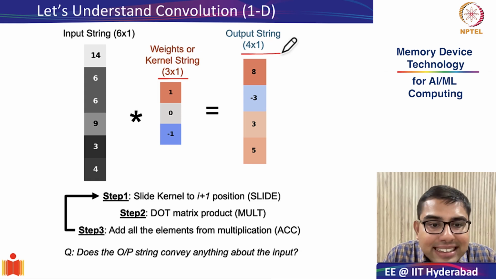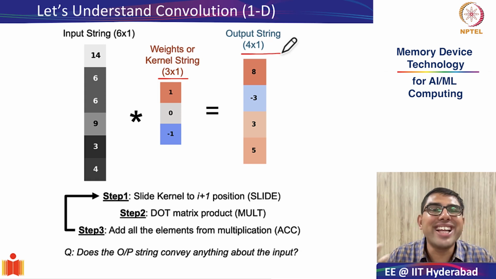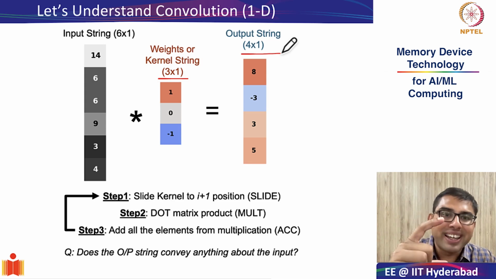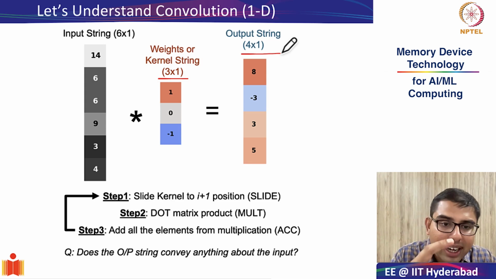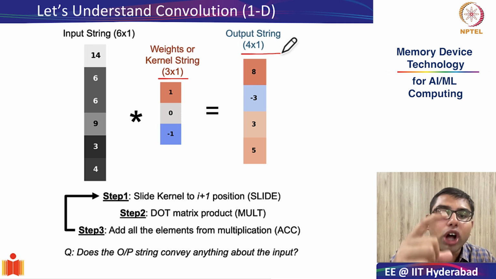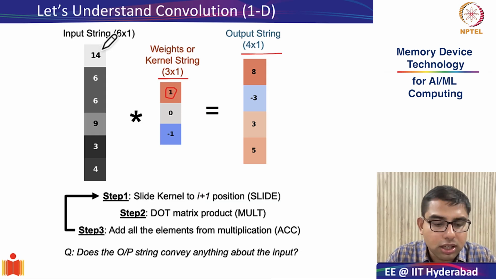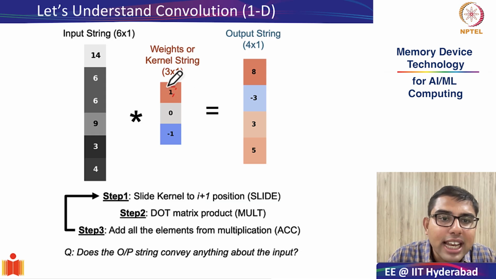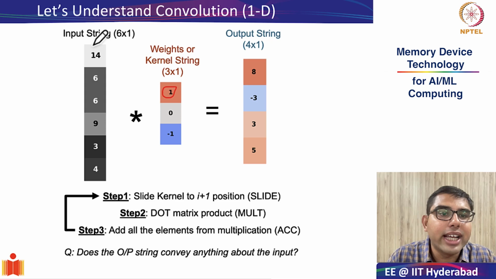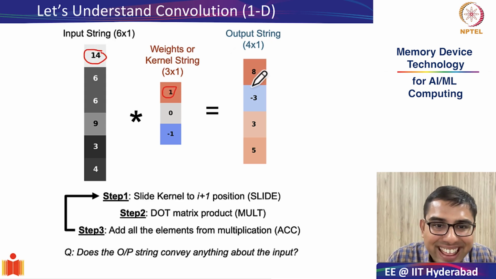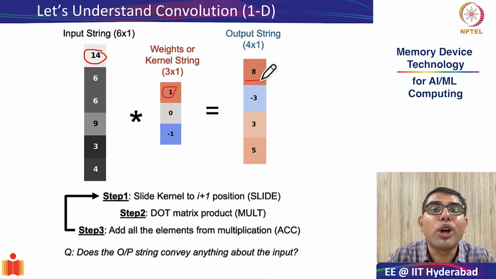Okay, so the bunch of operations that we did in the simple convolution is to first set up the kernel at an appropriate location starting from the top, such that the first element of the kernel aligns with the first element of the input string for the first element of your output string.